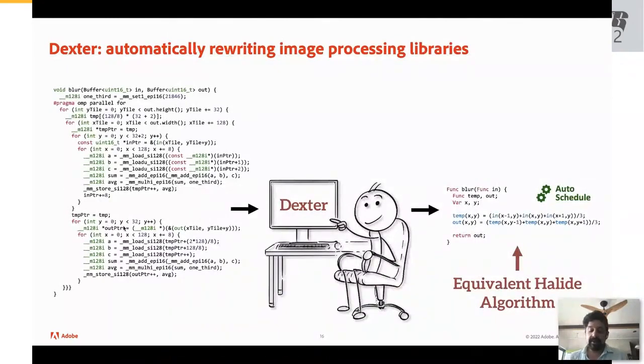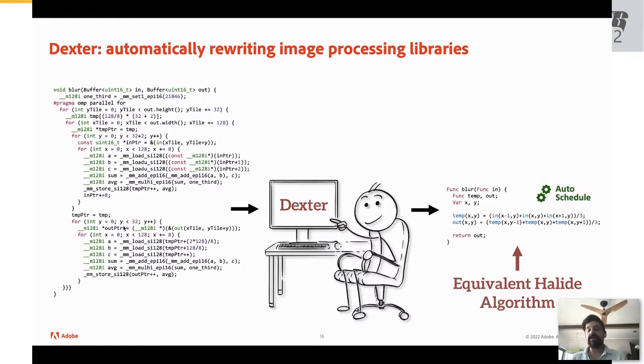So for that, we worked on this tool called Dexter, where the key idea is that we want to be able to take this highly optimized code, run it through a program that automatically deciphers what this code is in its most simple declarative form.